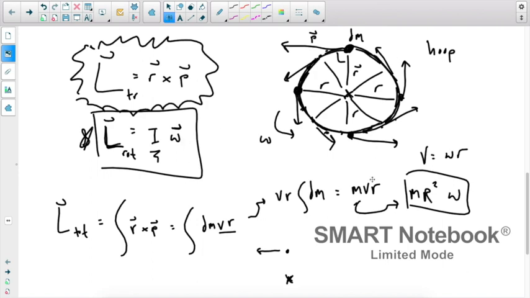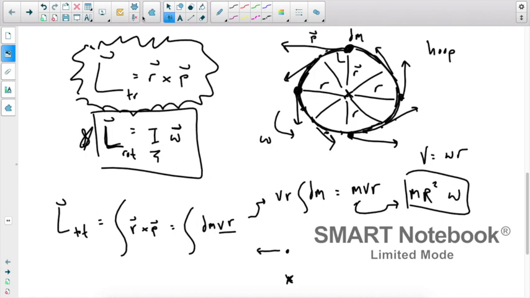If you have an object rotating, you integrate this and you get this one, the rotational. Rotational is like a zoomed out view for an extended body that is actually spinning. This is just looking at a single point particle moving relative to some point. All right, so hopefully that helps you understand the two and how they are utilized and what they mean.